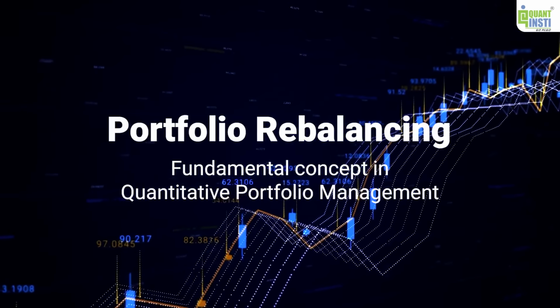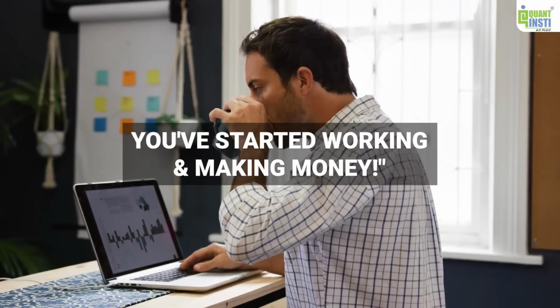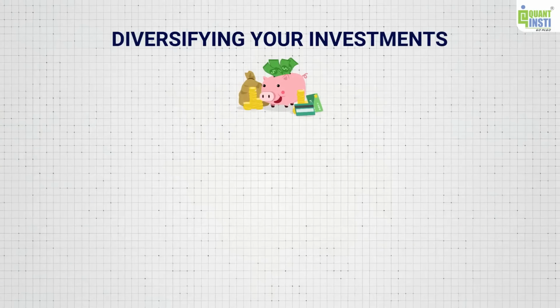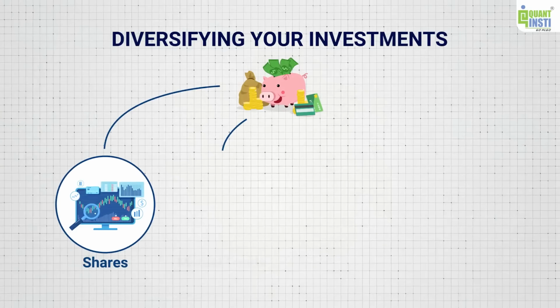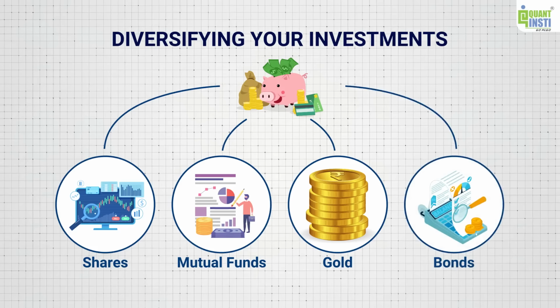Imagine yourself to be an individual who has just started their career, has started working and making some money, and within the first 2 years or so, like many of you watching these videos, wisely invest your money. So you decide to put your money in different assets in different proportions. Now, when you start putting your money, some in shares, some in mutual funds, some in some form of gold, perhaps some bonds, you start creating a mix.